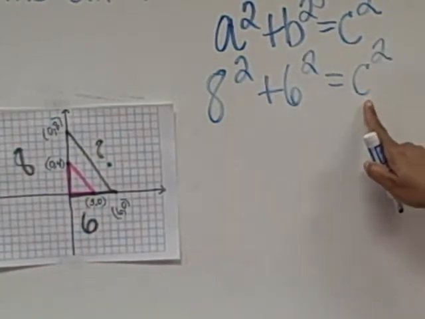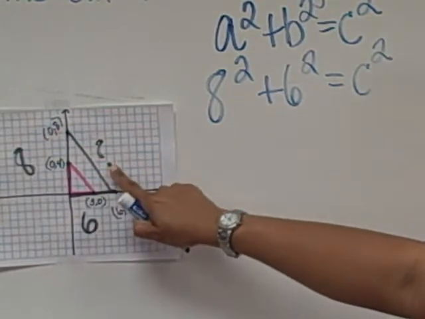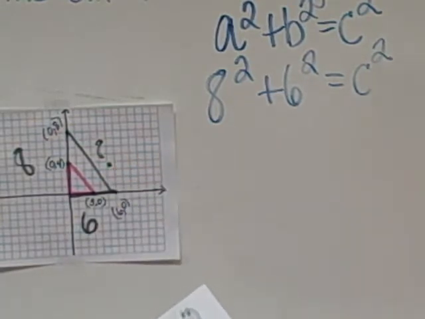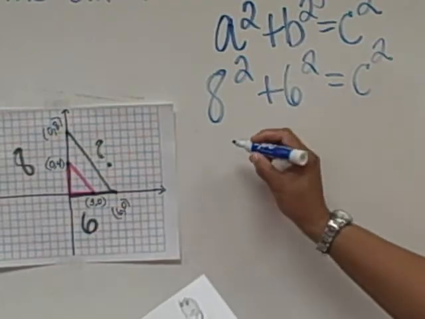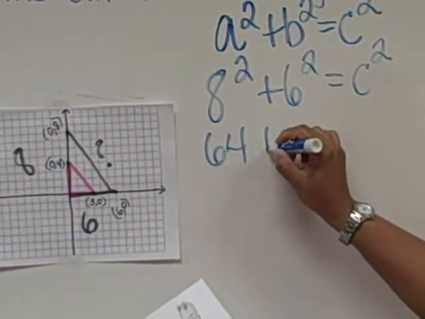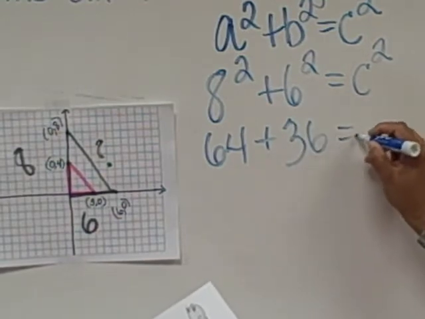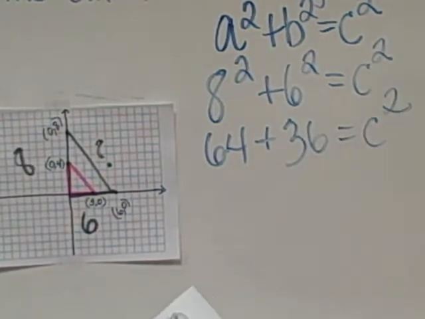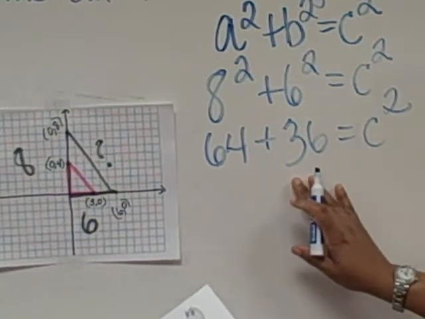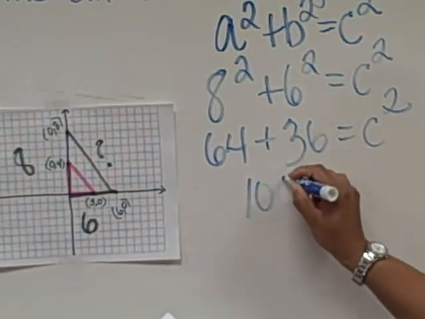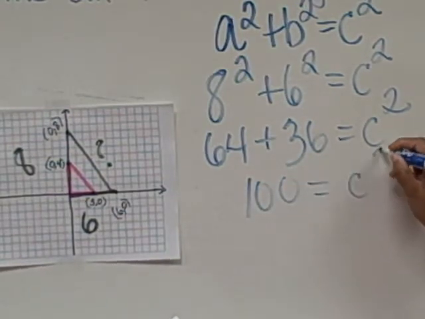As you can see, the c squared represents our hypotenuse, and that's what we're trying to find. So 8 squared will give us 64, plus 6 squared, which will give us 36, equals c squared. 64 plus 36 we know is 100, equals c squared.